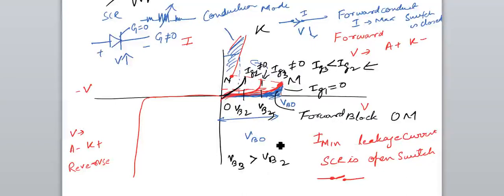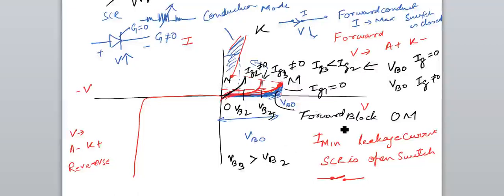So you can turn on with two procedures. Either you give supply voltage to break down this potential with gate current equal to 0, or you keep this unchanged and give the gate current. These are the two ways of turning on.